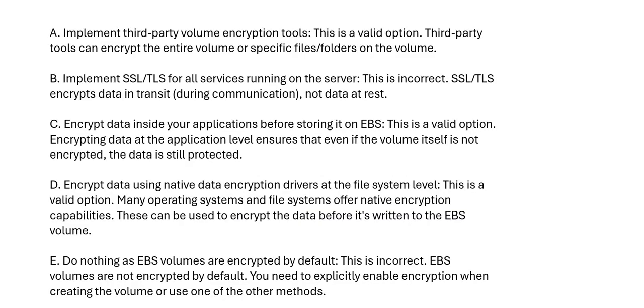In this case, A is saying we will implement third-party volume encryption tools. So this is valid. You can use it. You can encrypt the entire volume or specific file folders on the volume. Second one says we will use SSL TLS. This is for encryption in motion, not at rest.